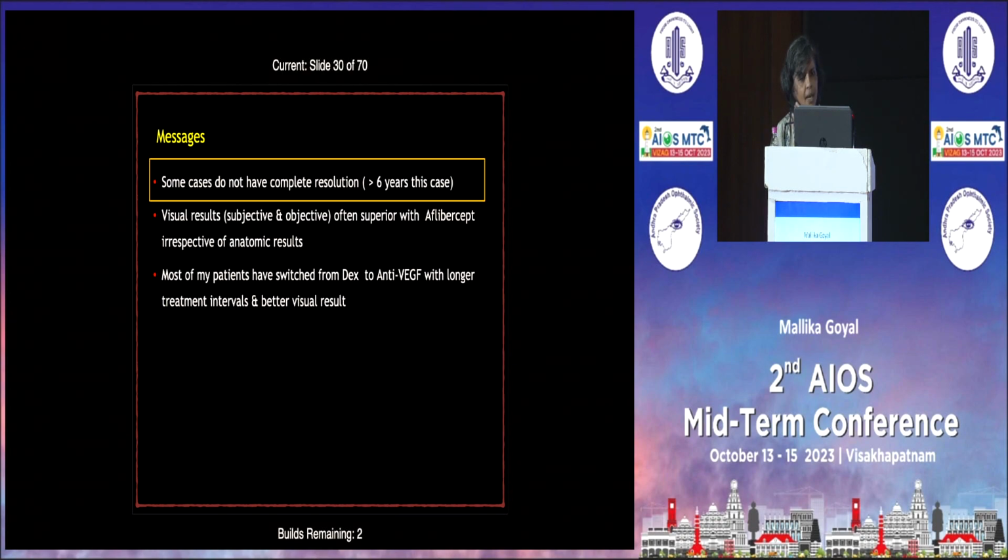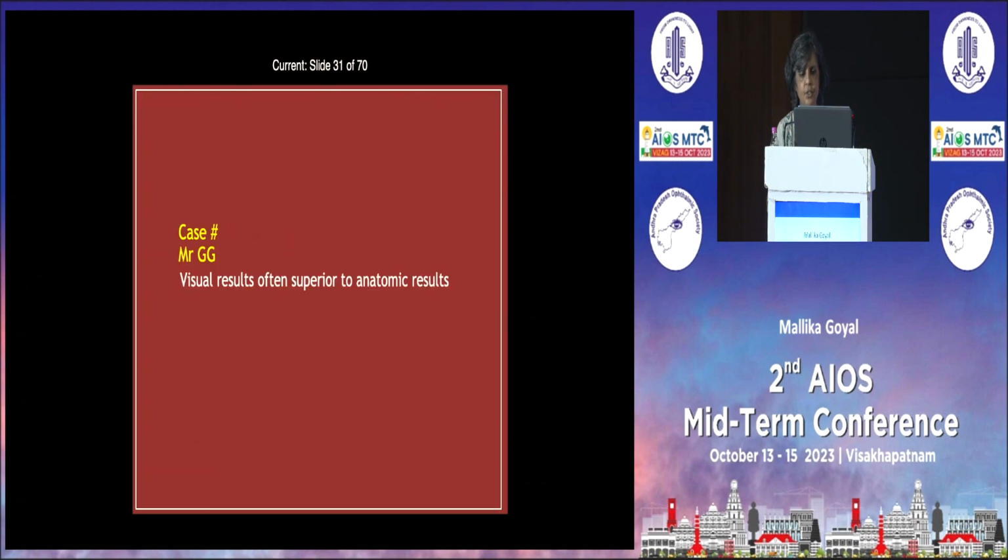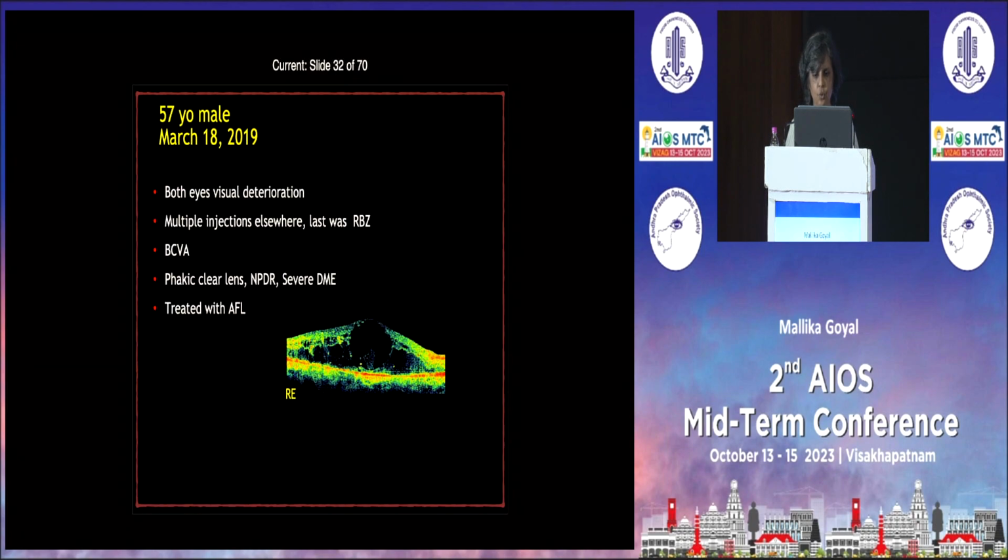So here again we had tried steroid including dex implant, and the anatomy was not much better with aflibercept over the dex implant, but the vision was much superior, irrespective of the anatomy. So most of my patients subsequently had to shift from dex to anti-VEGF. So now I go directly to aflibercept rather than going via the steroid route.